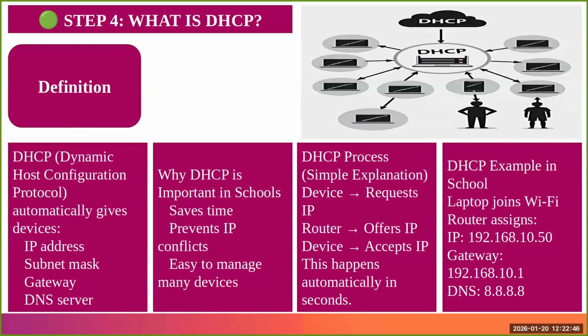DHCP process, for simple explanation: the device will place a request for IP, then the router will offer the IP, then the device accepts the IP, and network connection is initiated. And this happens immediately, in seconds.